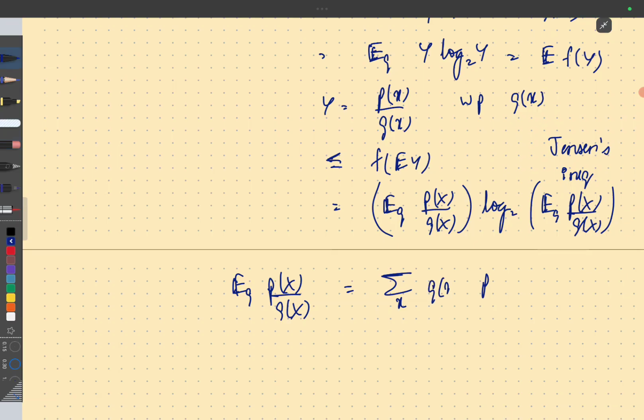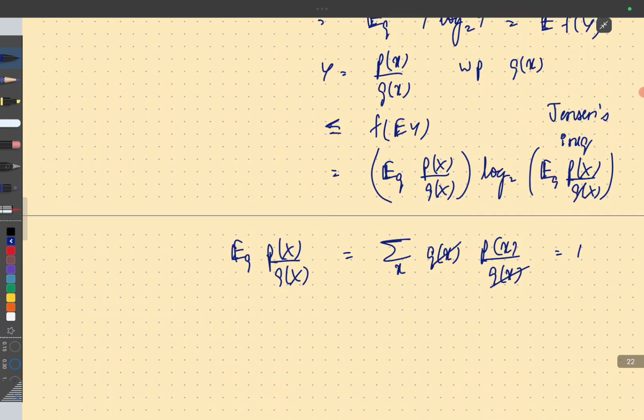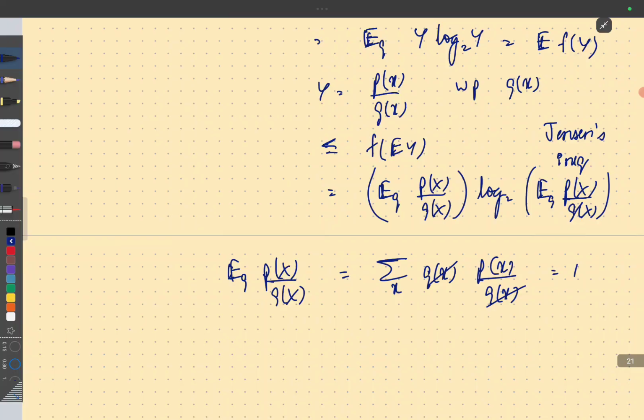So the probability of occurrence of x is q(x) times p(x) by q(x). This q(x) and this q(x) get cancelled. So this is simply equal to 1. So this is 1 log 1, which is 0.